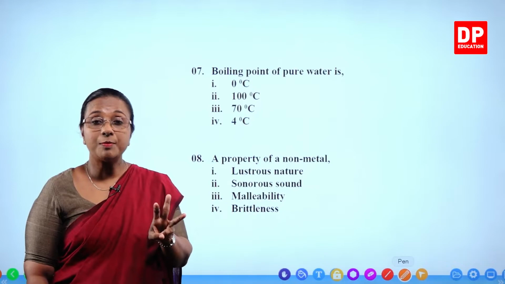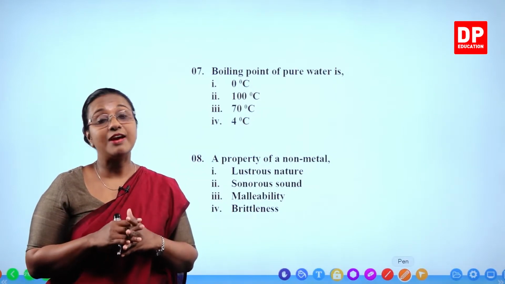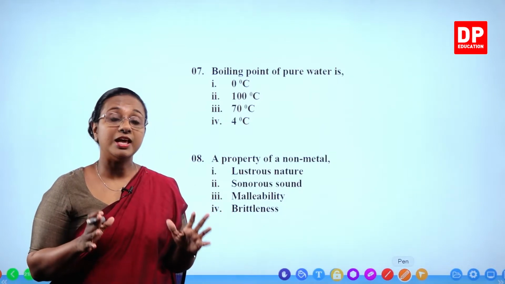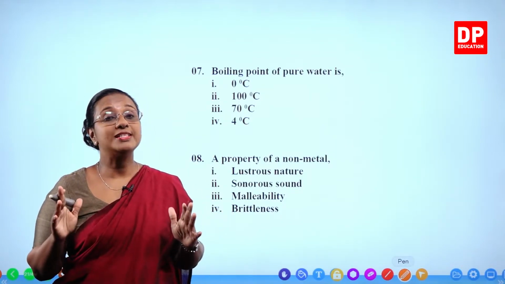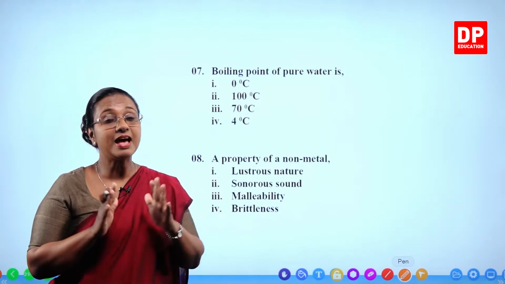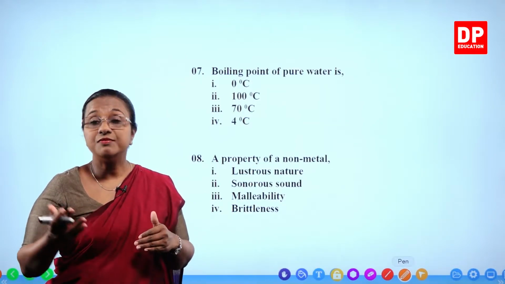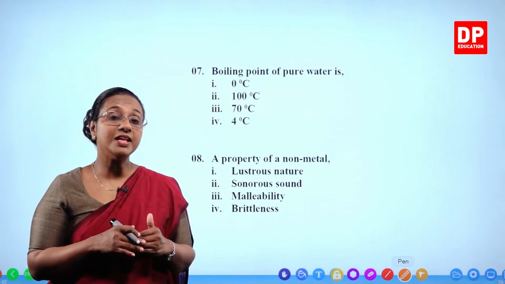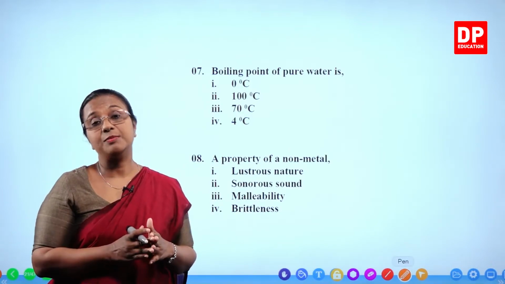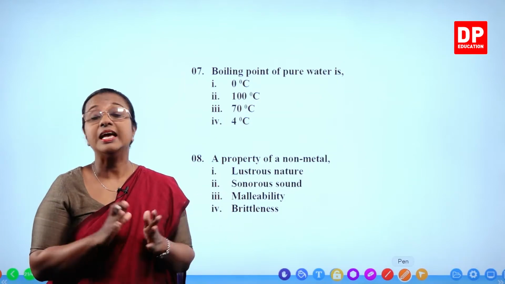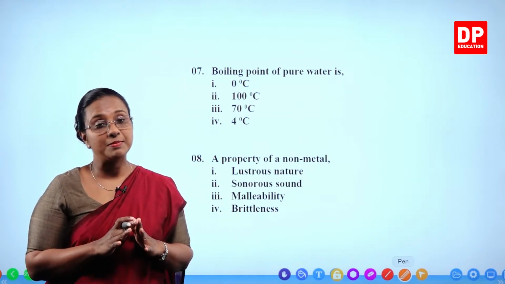Those are 3 properties that have definite values for pure substances. So for example, if you take water, water boils at 100 degrees Celsius under standard atmospheric pressure. But if there are substances dissolved in it, then of course the boiling point changes. So then it is not a pure substance anymore. You all can remember that.